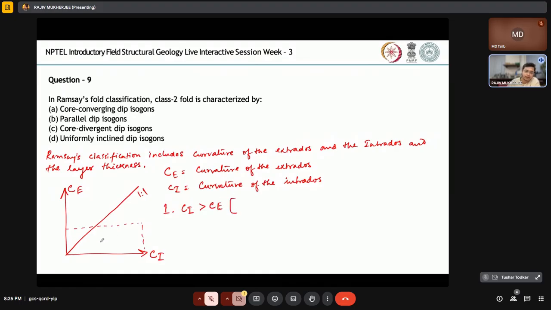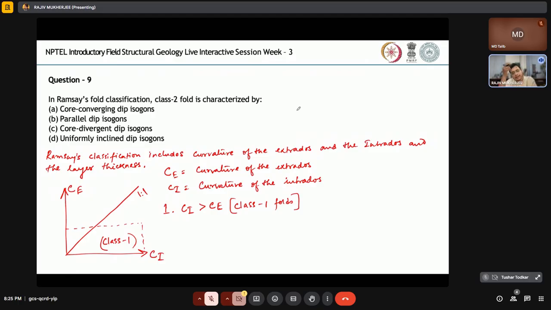These kind of folds are called class 1 folds, and these kind of folds have the inner arc having higher curvature than the outer arc.